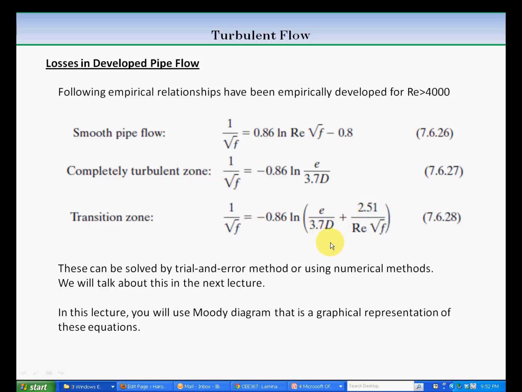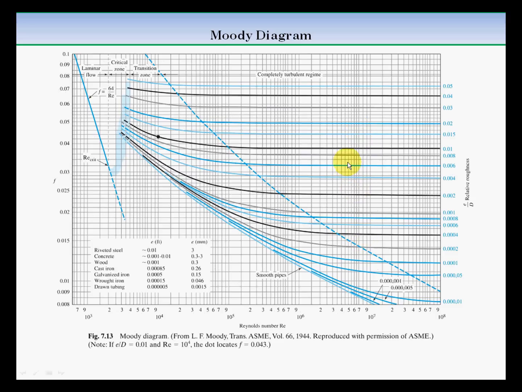You'll see that there are three variables: the friction factor, the relative roughness factor, which is roughness divided by the diameter, and the Reynolds number. So if we look at the plot of a Moody diagram, you have two y-axes and the x-axis. On the x-axis we plot the Reynolds number, and on the y-axis we have the friction factor.